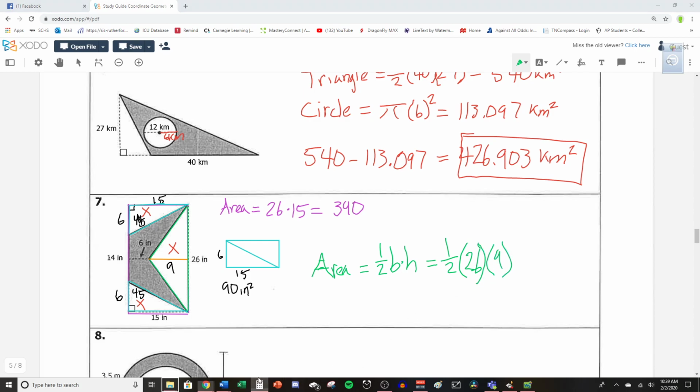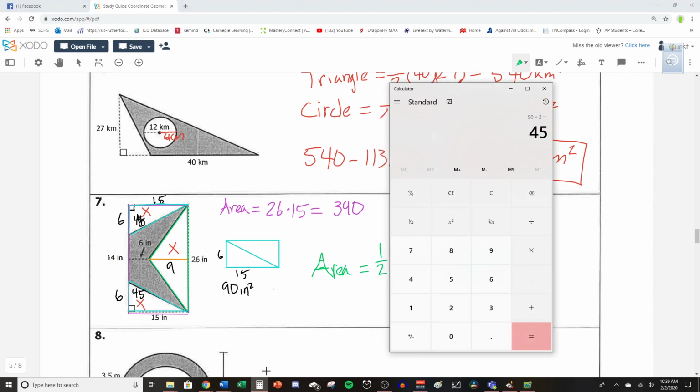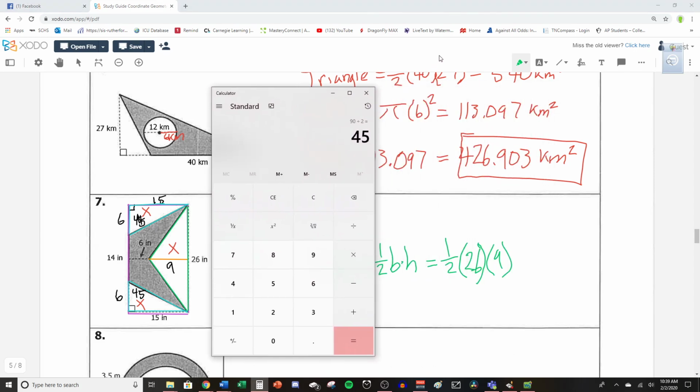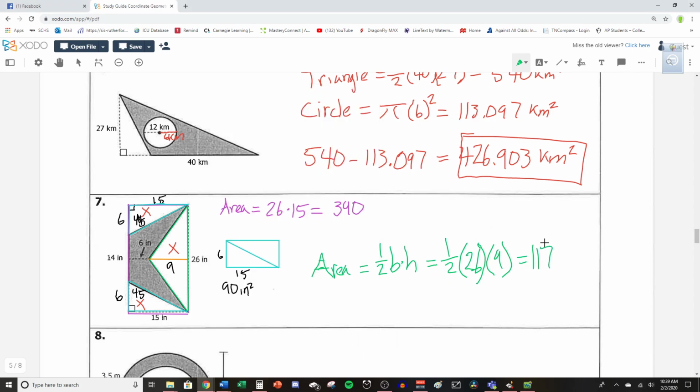So let's see what that calculates to. We're going to do 1/2 is 0.5 times 26 times 9. So 117. All right, so I need to subtract from this overall shape the two areas here, which add up to 90.